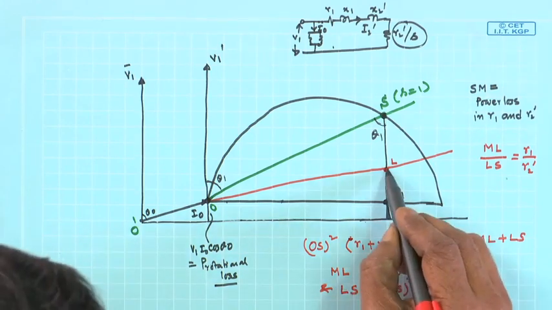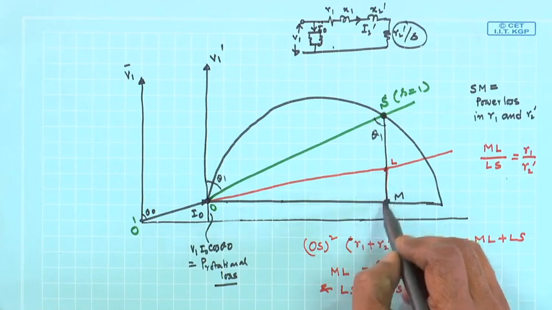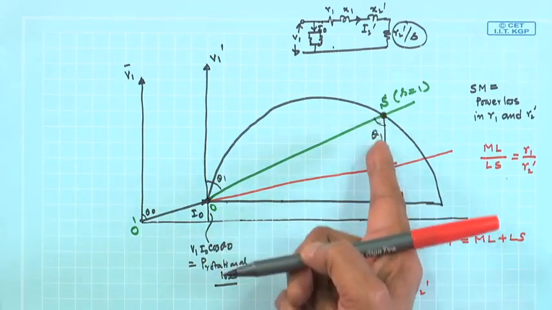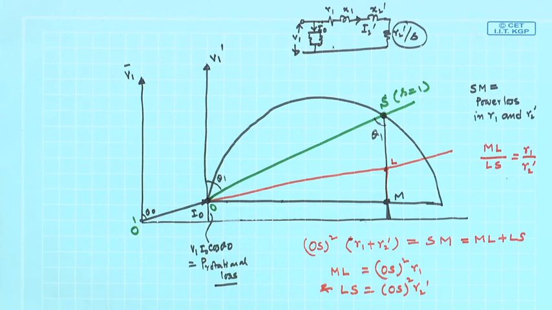That is, this length will represent the stator copper loss and this will represent the rotor copper loss, and output mechanical power is 0. This is what happens at slip equal to 1, and there is no output mechanical power.